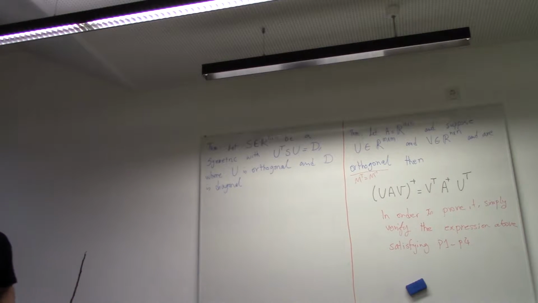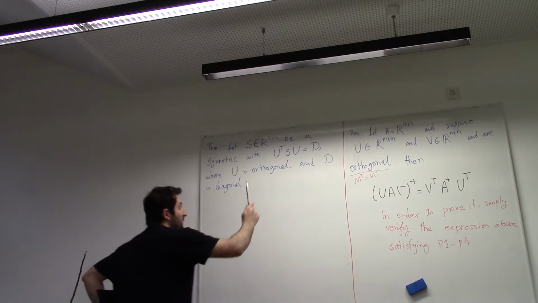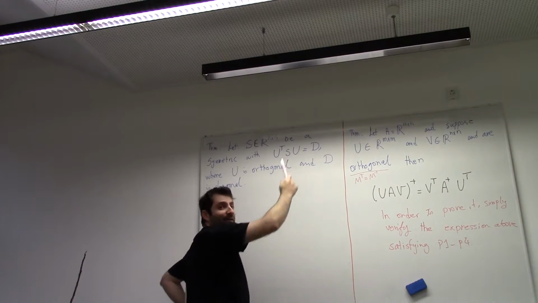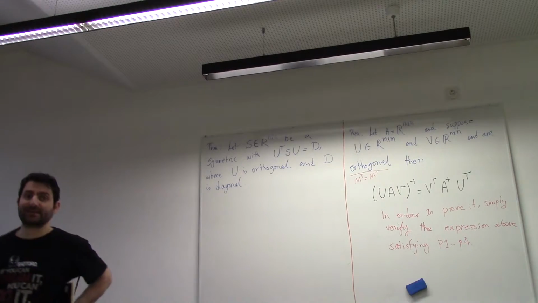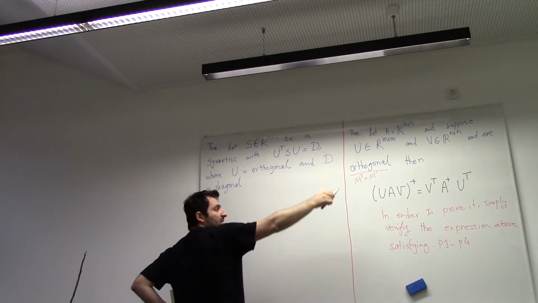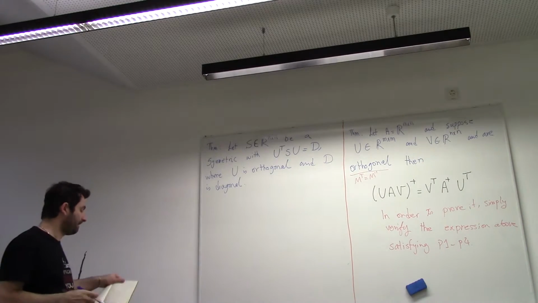In other words, if you can find a U such that U inverse S U results in a diagonal matrix. Because it is orthogonal, U transpose is the U inverse, right?